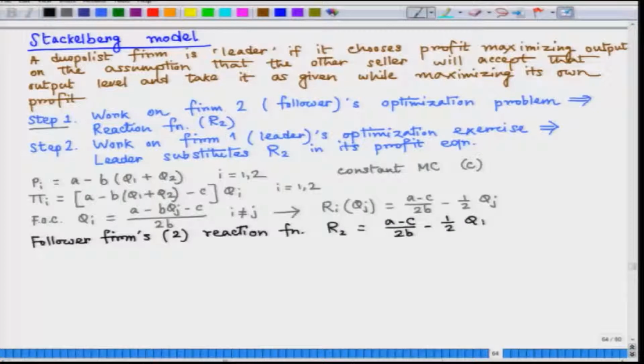Right. Okay. So, now we have to move to step 1, assuming that the leader firm, or firm 1, knows the reaction function that we have just derived. It will now write down its profit equation as follows.